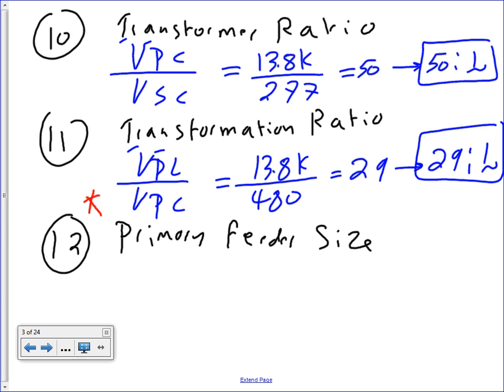It means the primary line voltage is 29 times more than the secondary line voltage. Does that make sense? This one means the primary coil voltage is 50 times more than the secondary coil voltage.